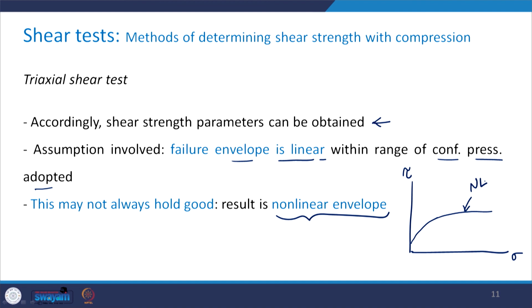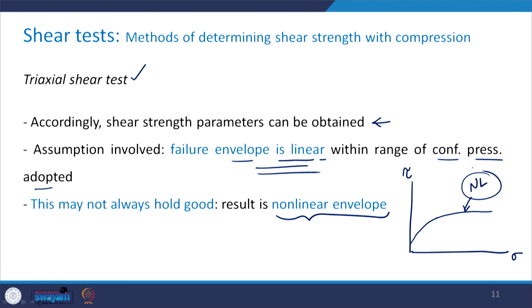So, the assumption in the triaxial shear test is that the failure envelope is linear. You can go ahead with the non-linear one also, but then there are other failure criteria, such as modified Mohr Coulomb failure criterion, which you must adopt to represent the failure criterion that the material is going to follow.